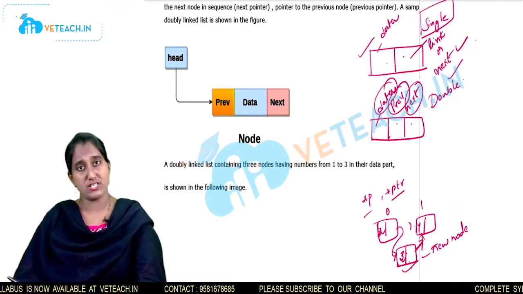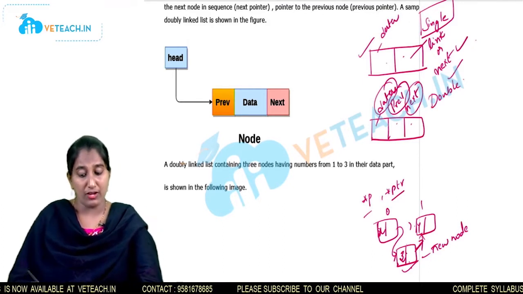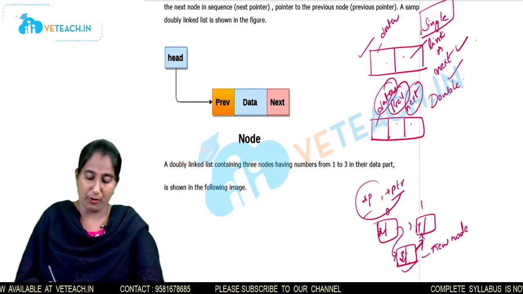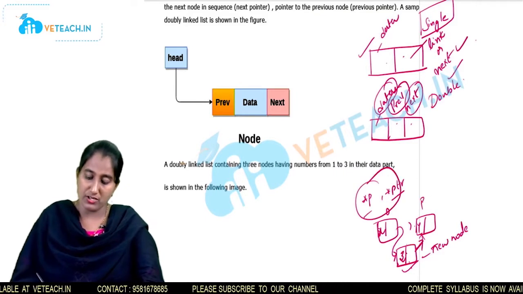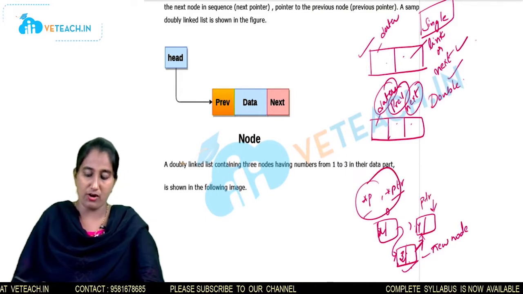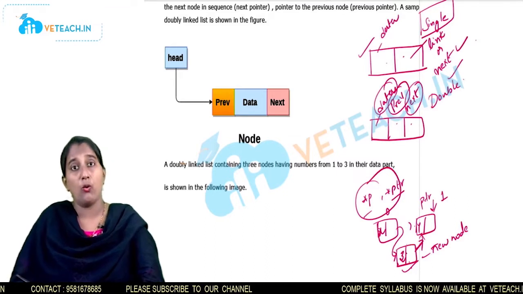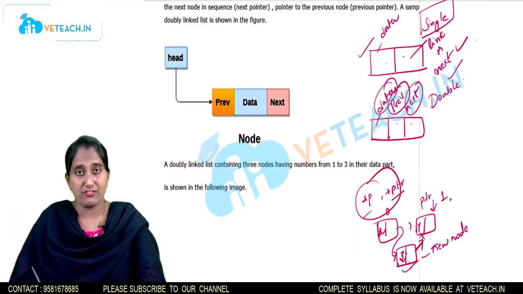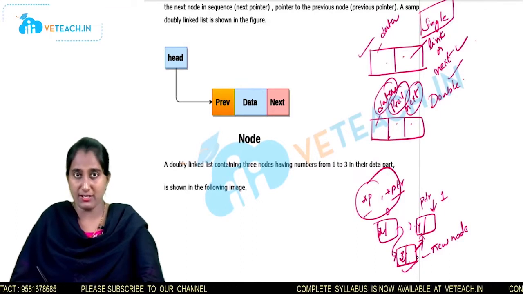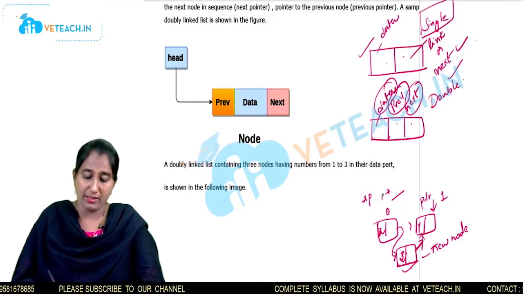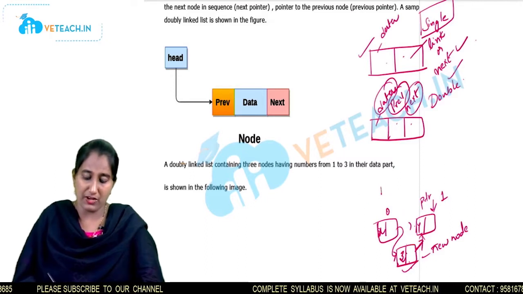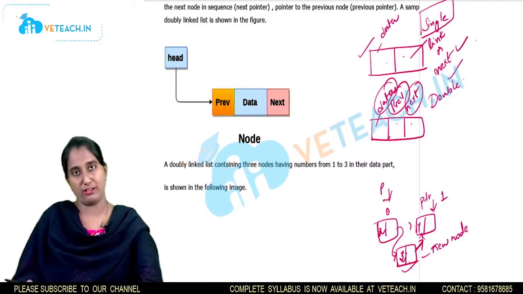In this process we have taken two temporary pointers, one pointer pointing to the first node. Why the first location? Because in the first location we need to locate the Z node. So P will point to the 0th location.